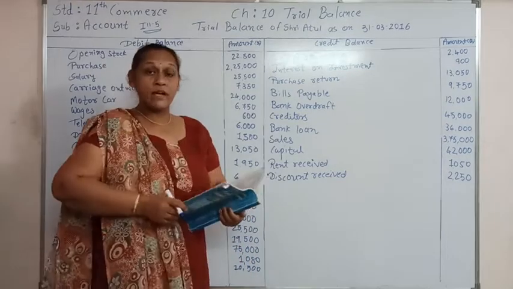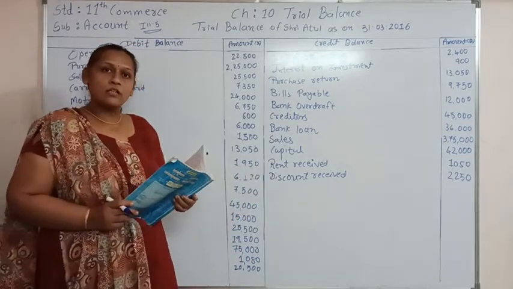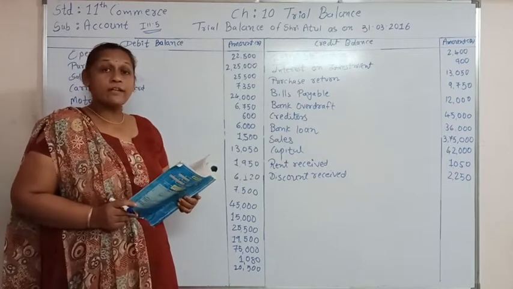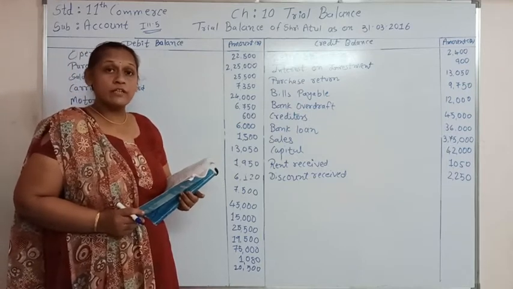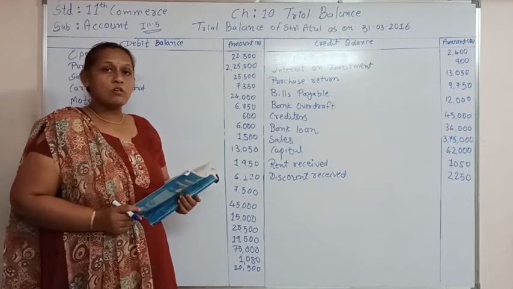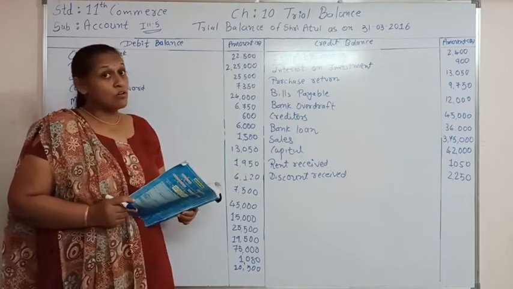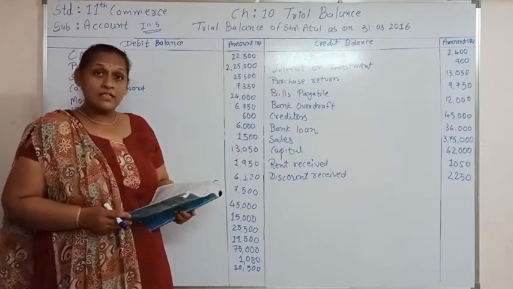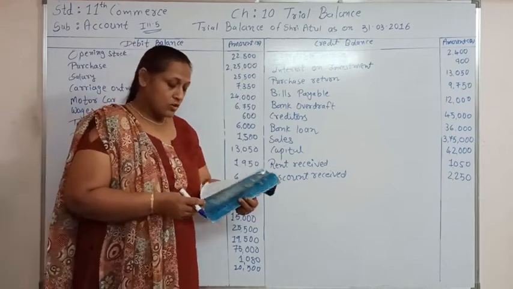So this is how we have to identify all the accounts, and then write the appropriate side according to the accounting rules. Now let's make the total of both sides so that we can understand whether the trial balance is tallied or not.